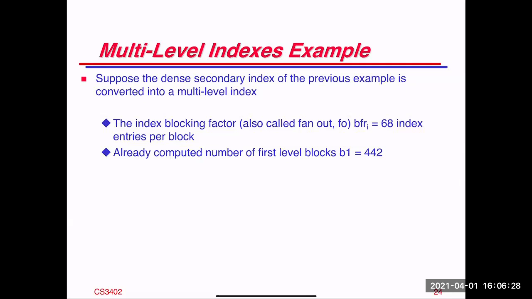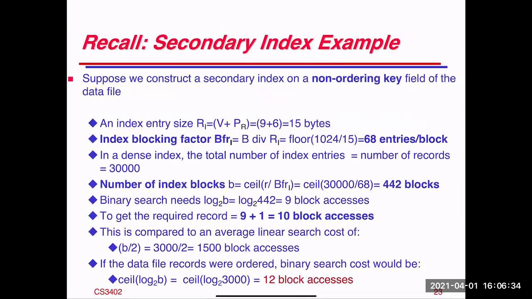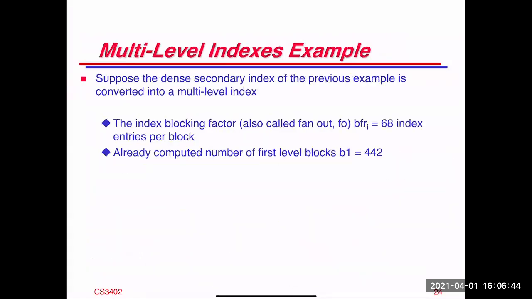We also computed the number of first level blocks, let's call them B1, to be 442. This is exactly the number of index blocks that I need if we just consider a single level index, so it is the number of blocks in the first level of my index. Now let's make this a multi-level index.